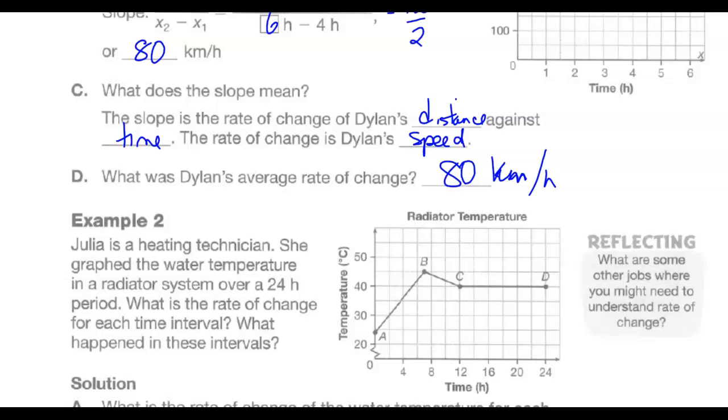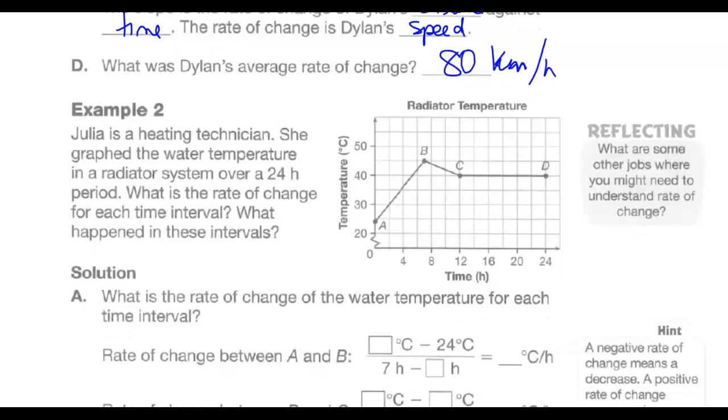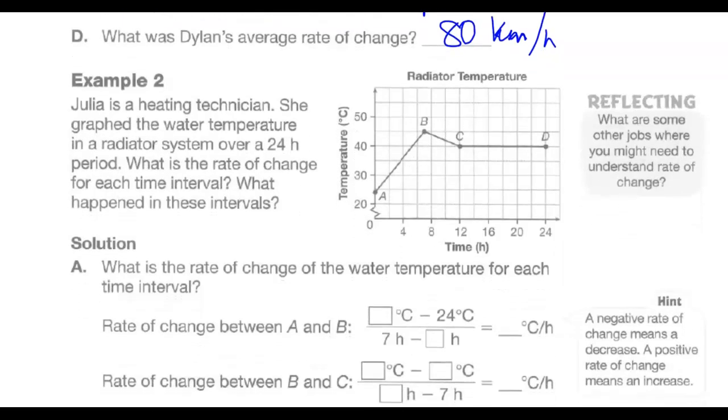Okay. Next one, Julia is a heating technician. She graphed the water temperature in a radiator system over a 24-hour period. What is the rate of change for each time interval? And then what happens in these intervals? Okay, so first between A and B. So you want to look here.